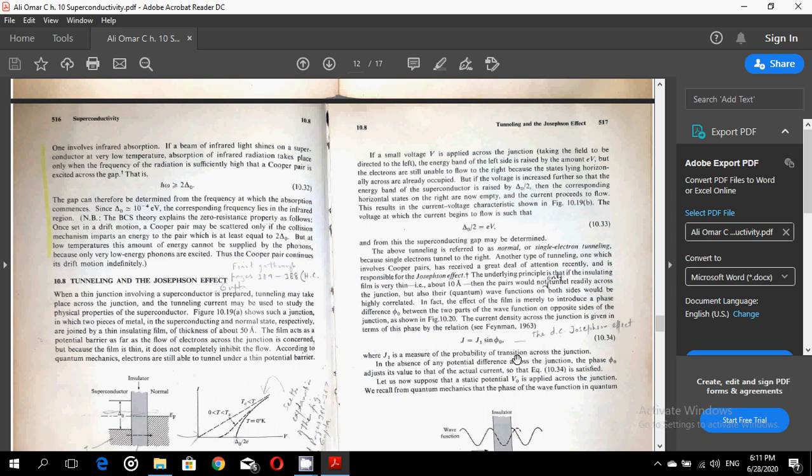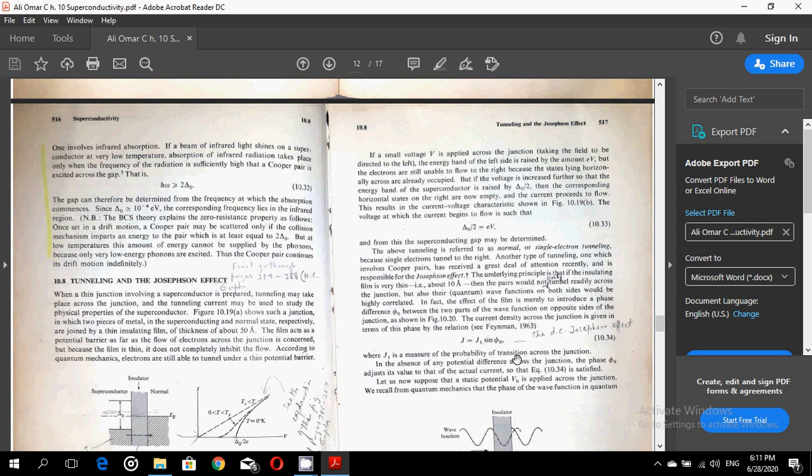Another type of tunneling, one which involves the Cooper pair, has received a great deal of attention recently and is responsible for the Josephson's effect.